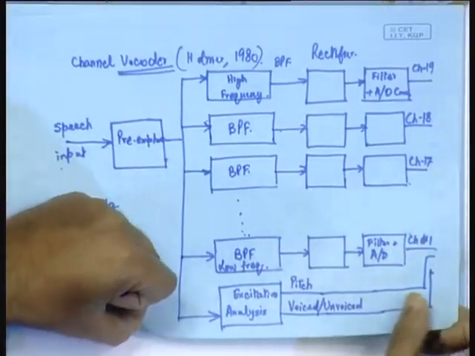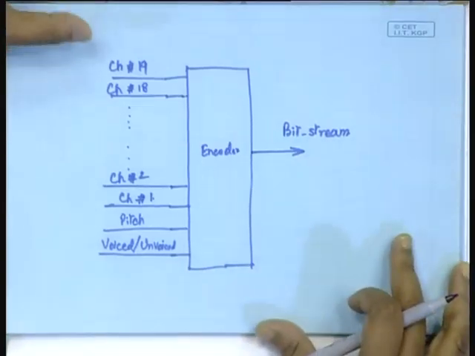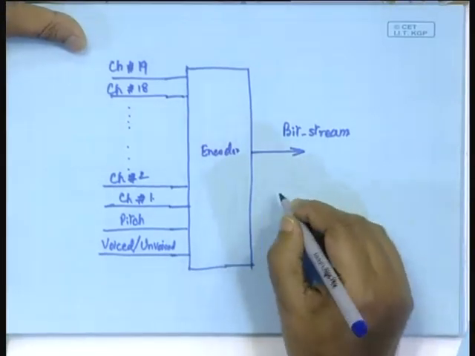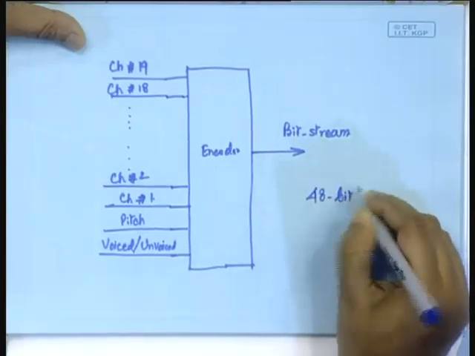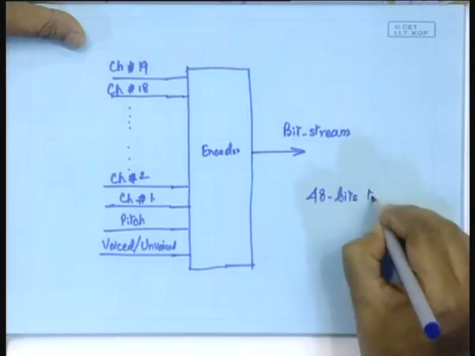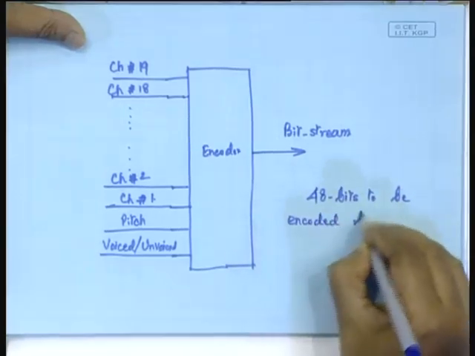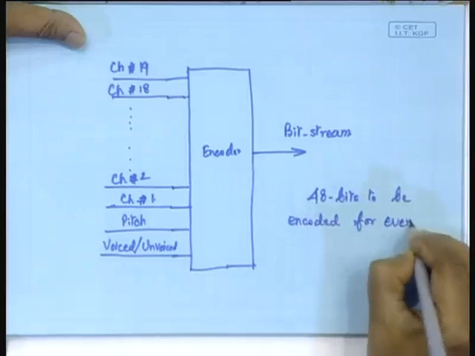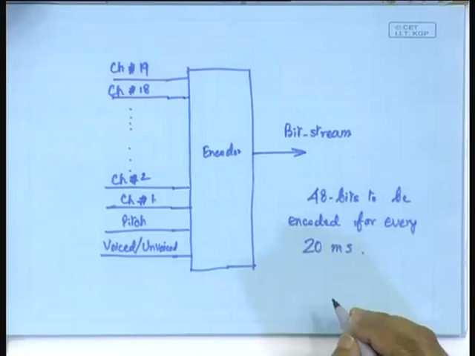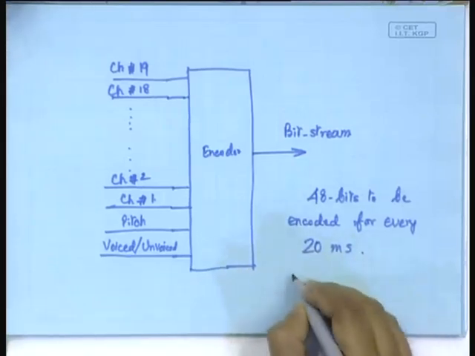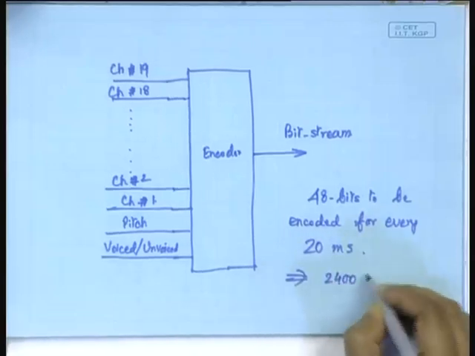In fact, what one can do is that in the Holmes channel vocoder, we require 48 bits to be encoded for every 20 milliseconds. Okay. So, that means to say that effectively the bit rate will be 2400 bits per second.